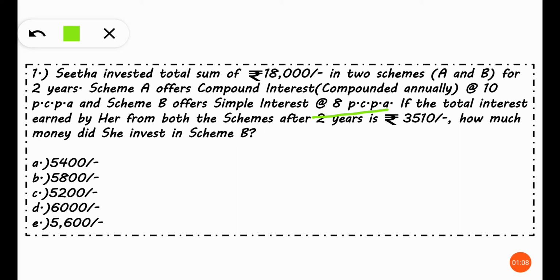Here also the time period is 2 years. After the 2 years she received the interests, that is simple interest plus compound interest is 3,510. Now they are asking us to calculate the principal that she invested in scheme B. I hope you understood the question.